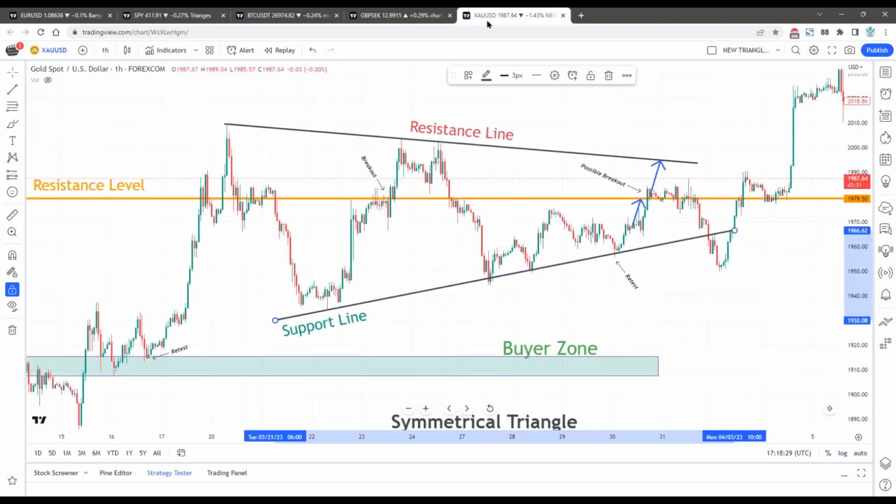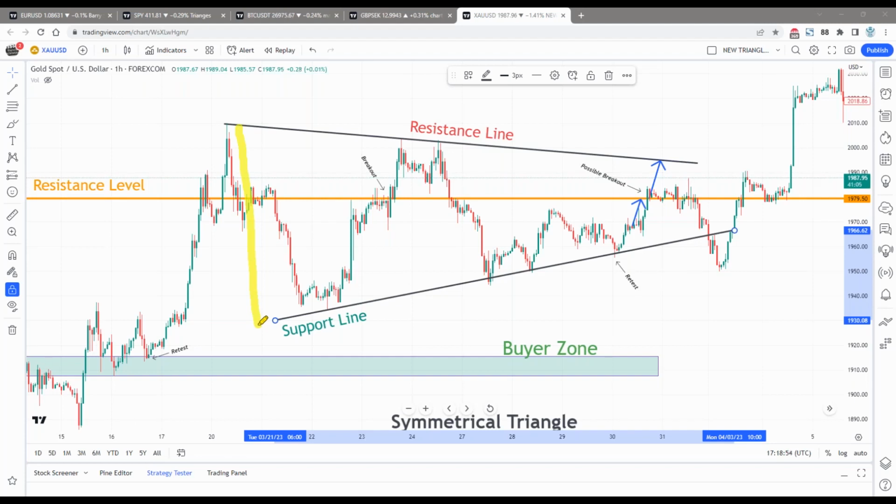As we get this triangle developing, we have a couple pieces of key information. The width of the base of the triangle can be used, but you can't use it until you get the breakout.